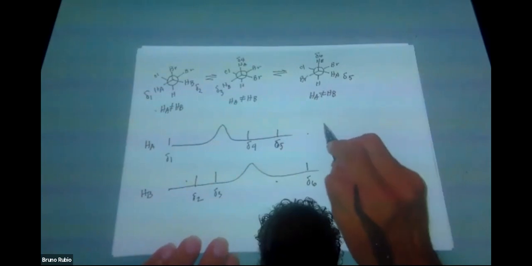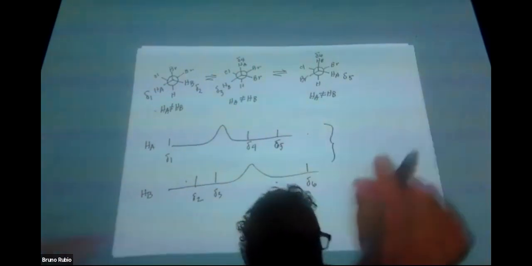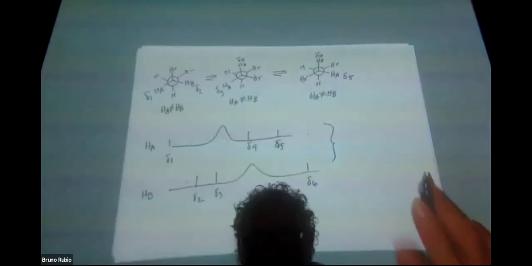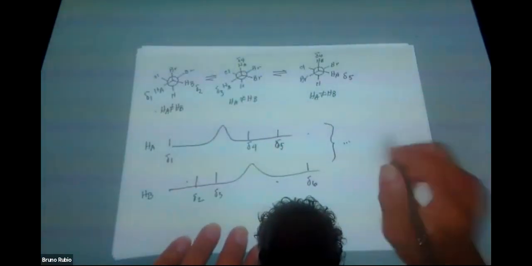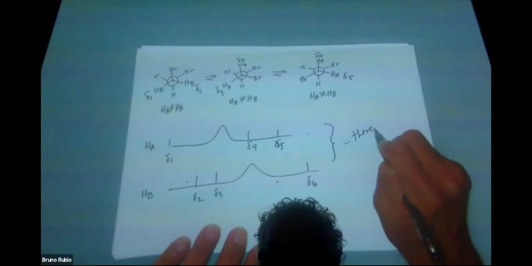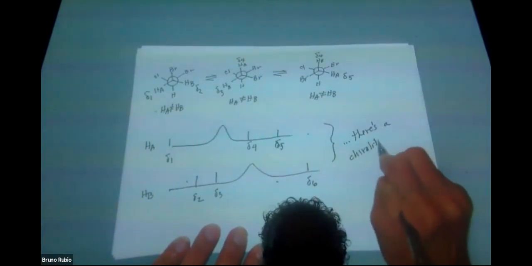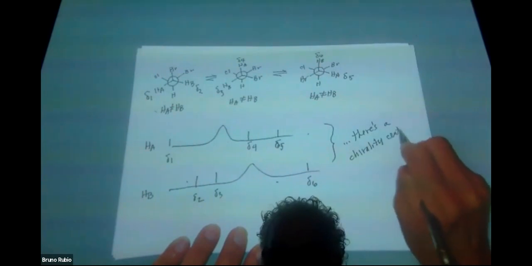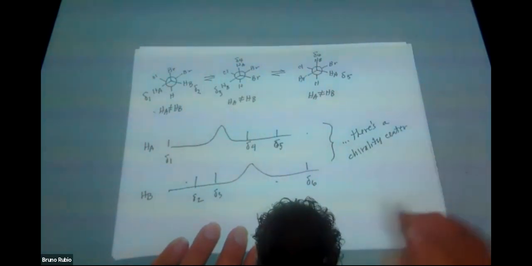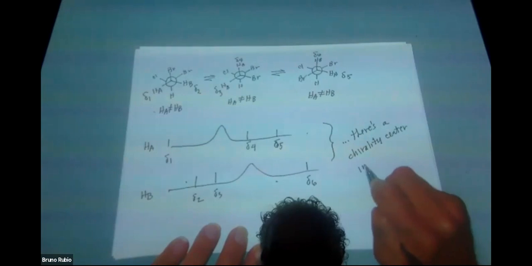So what this analysis is telling us is that the two protons of a CH2 group are equivalent unless there's a chirality center somewhere. It doesn't have to be next door, somewhere in the molecule.